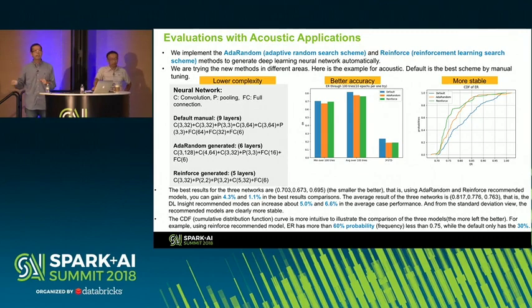It is a 9-layer neural network, but the reinforcement learning model has 5 layers, and the adaptive random model has 6 layers. The lower the better, since the lower is the error. This is the normalized error, and we can find that reinforcement learning has the best performance and is very stable from the CDF curve.